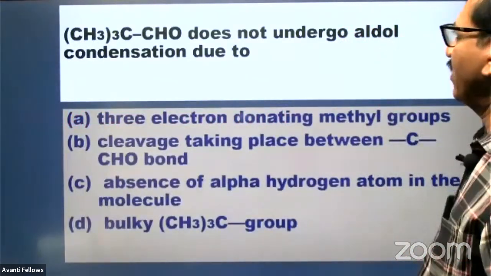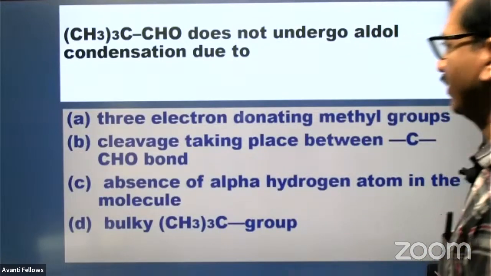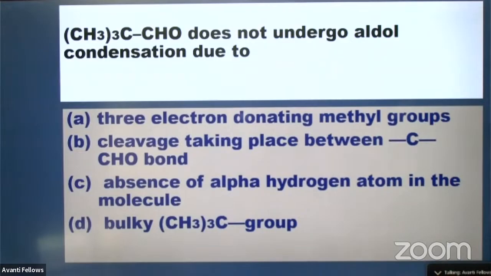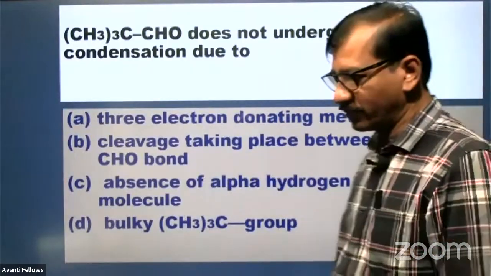(CH3)3CCHO does not undergo aldol condensation due to: three electron donating methyl groups, cleavage taking place between the C-CHO bond, absence of alpha hydrogen atom in the molecule, or bulky (CH3)3C group. What is the answer? C, sir. Simple. Absence of alpha hydrogen.